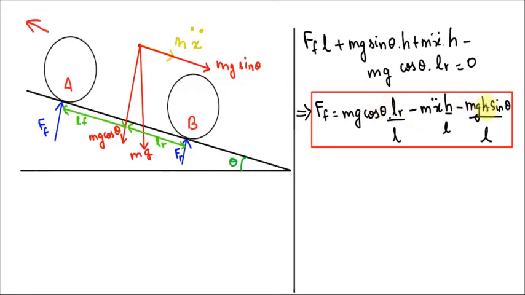You will be left with just mgh by L minus mx double dot h by L. Hence the normal force on the front will be negative, just hypothetically speaking. So by this we have just proved that doing a wheelie while climbing a slope is quite the easiest thing to do.